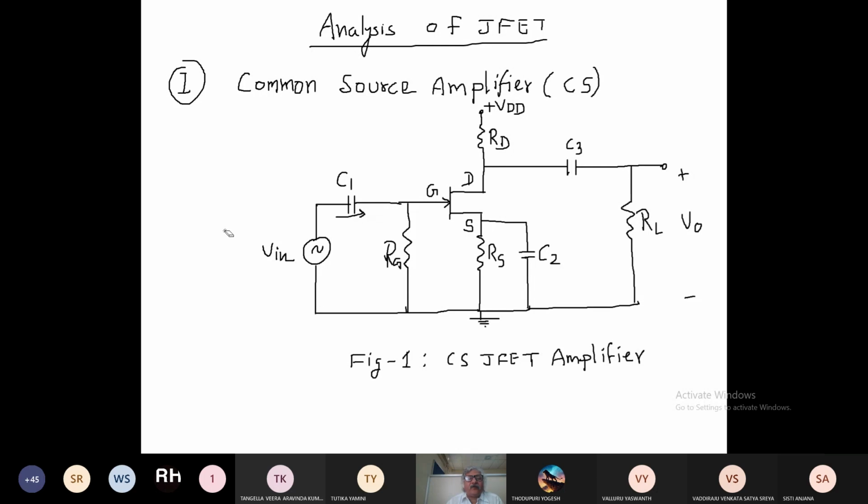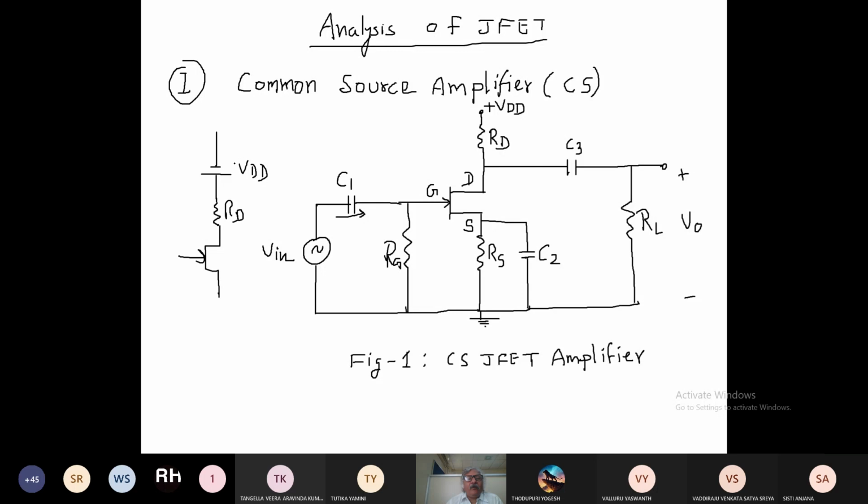Whatever DC voltage sources you are seeing, replace the DC voltage source by a short circuit. See here, you are seeing one DC voltage source. This is your VDD, and it is connected to RD in this way. This is the circuit diagram.